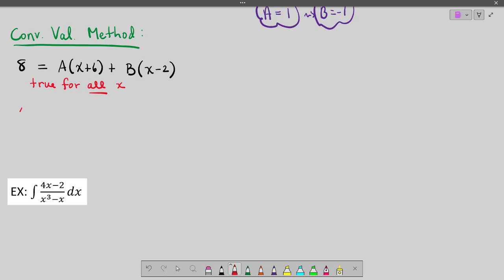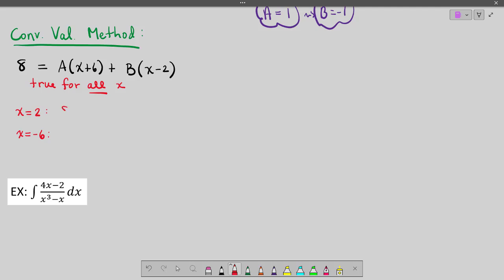In particular, it is true for x equals 2 and x equals negative 6. It's true for all x. So if it's true for all x, it's true for those two x's. And look at what these two x's do.